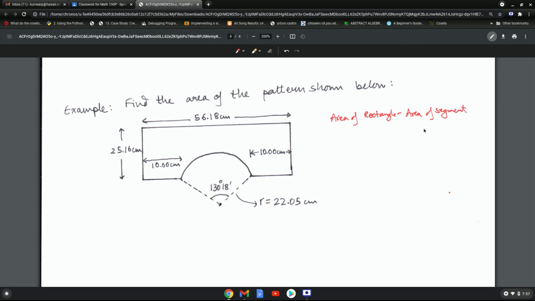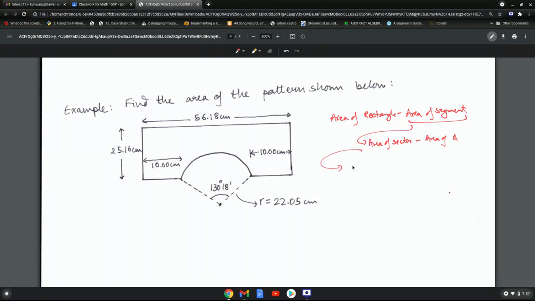Now remember, the calculation of the area of the segment itself involves a subtraction, right? This is the area of sector minus the area of triangle. So let's go step by step. Let's work on this first.